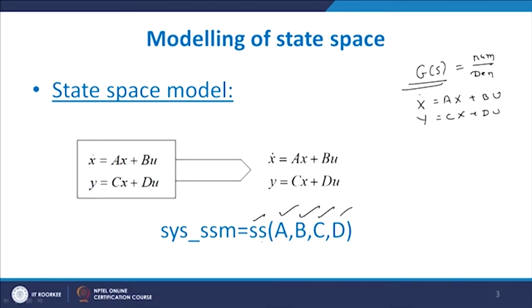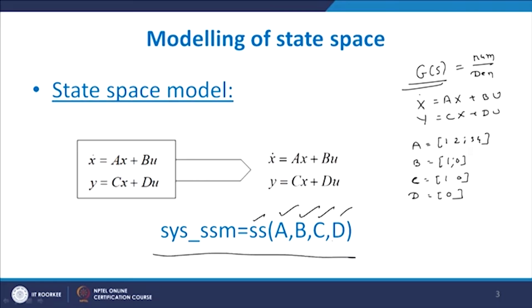The procedure is, if you go to the MATLAB window, you have to write A elements, say A equal to 1, 2, 3, 4, then we have to write B elements, say 1, 0, then C 1, 0 and say D equal to say 0. So, here A, B, C, D, and afterward you have to write this command, you will get A, B, C, D directly.